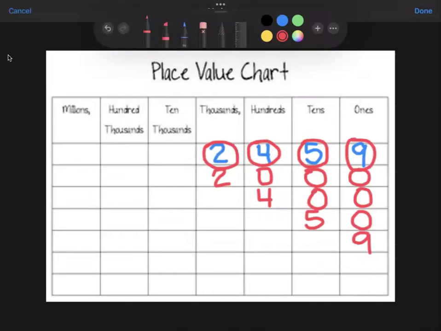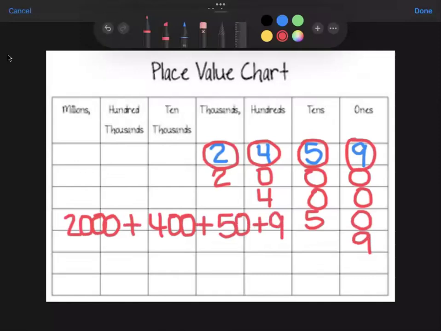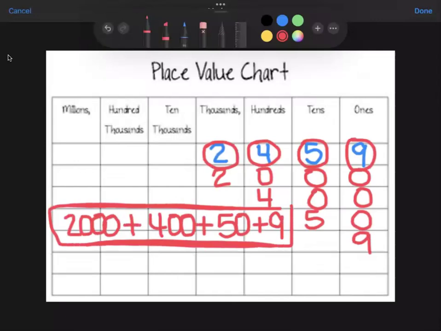So expanded form is us rewriting this number as if we were adding all the values together. That would look like 2,000 plus 400 plus 50 plus 9. And that would be the expanded form of this number.